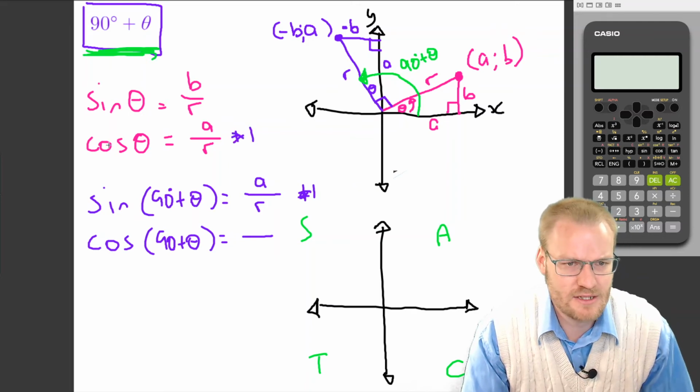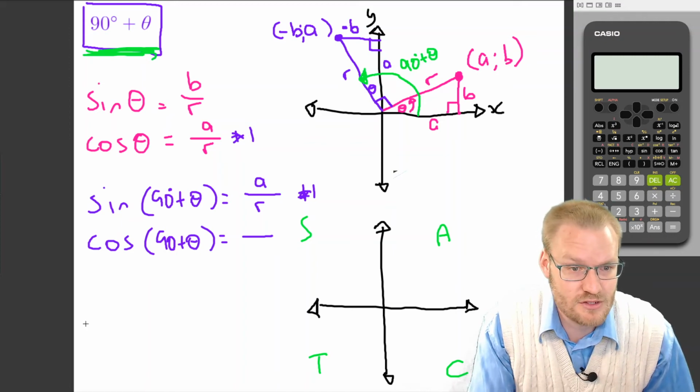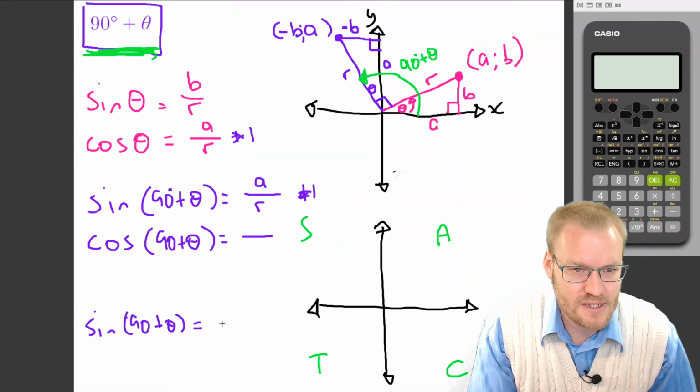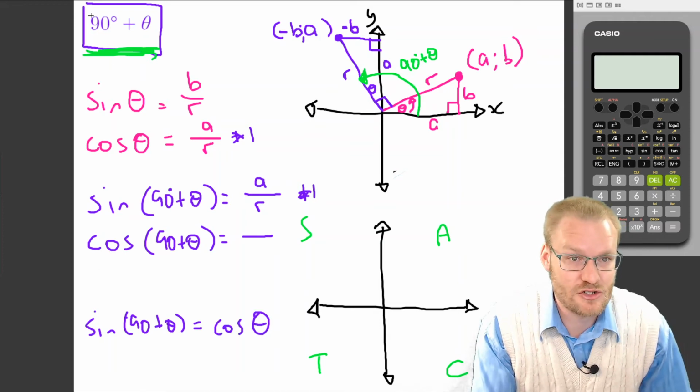Sine of 90 plus theta is just the same as cos theta. Okay, that's going to be our first rule. Sine of 90 plus theta is equal to cos theta. That's our first reduction from this.